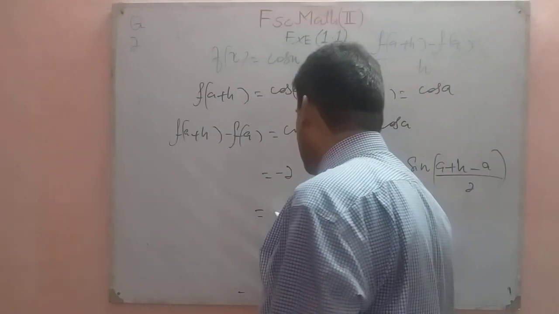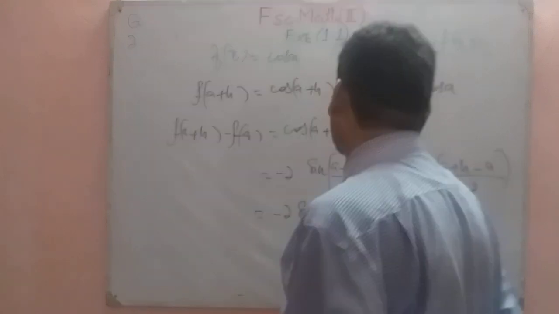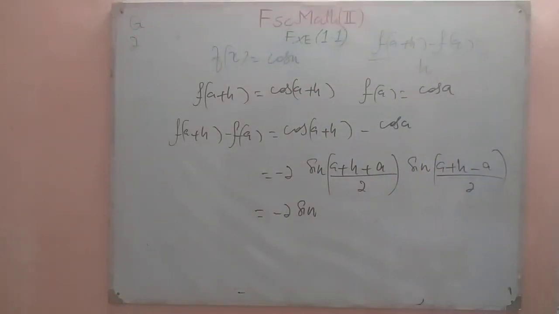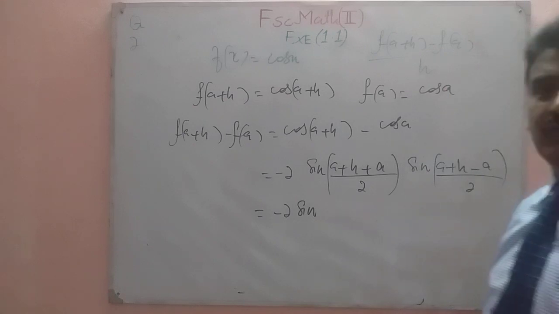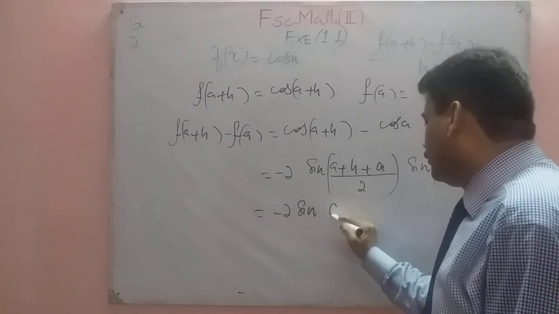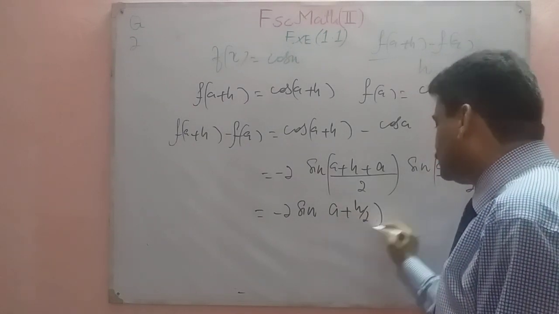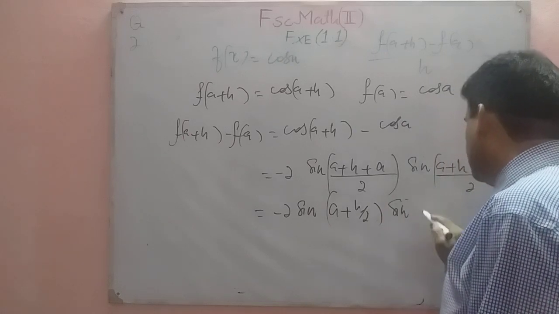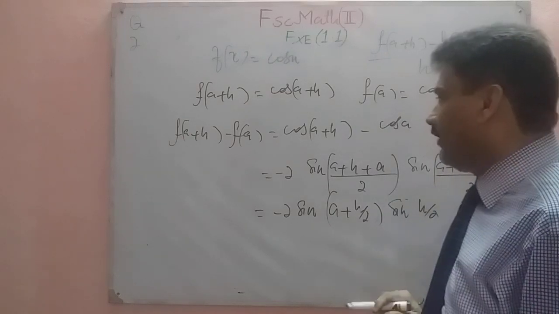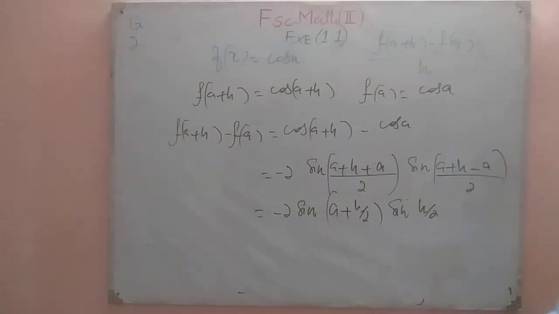After simplification we will get minus 2 sine of a plus a, 2a, and we write 2a by 2. We cancel 2 by 2. We get a plus h by 2 and sine of h by 2. We now divide by h on both sides.